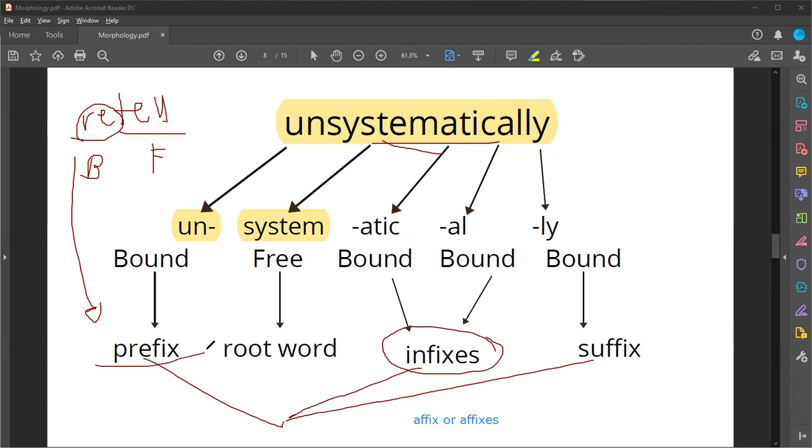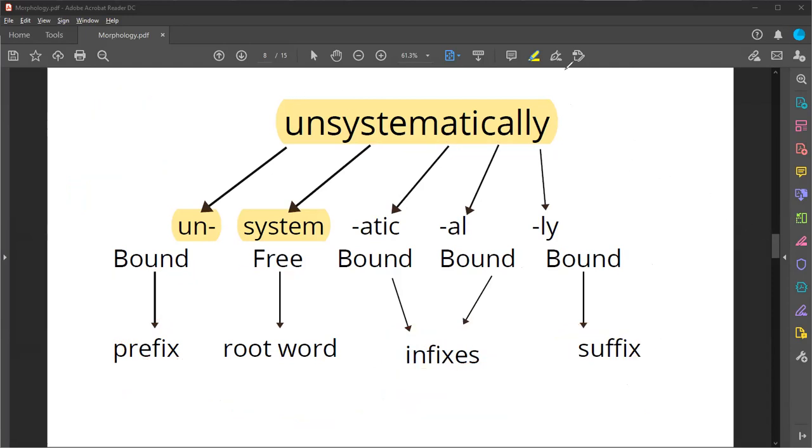Okay, so prefixes for pre, beginning, suffix for su, last, then we have infixes in the middle. Okay, very good. So I hope that you get the point why we have bound, free, morpheme, and why we talk about the prefix, infixes, and suffix. So let's go to the next page.